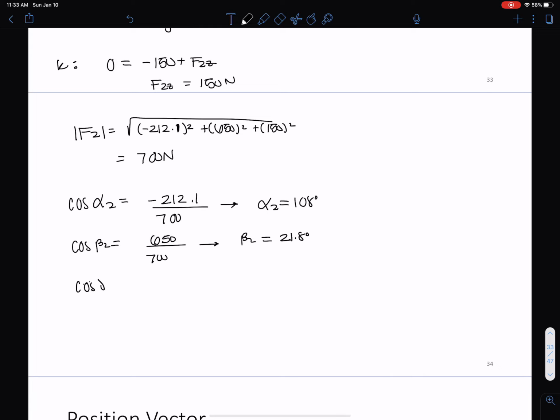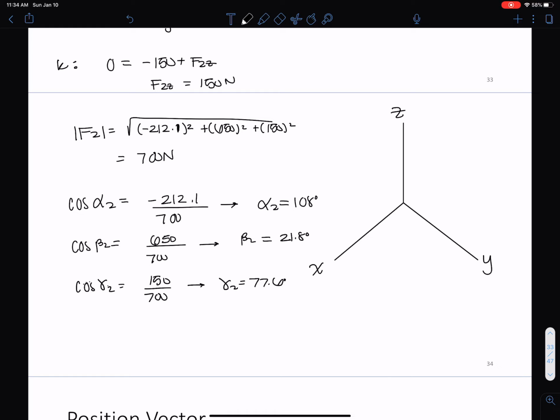Cosine gamma 2 is equal to 150 over 700, and I get that. So now if I want to draw this out, just so we can see what this looks like, I have my F1 that acts somewhere here.